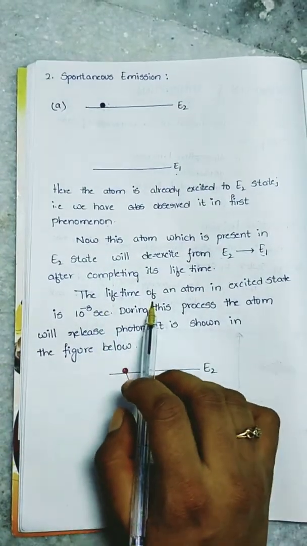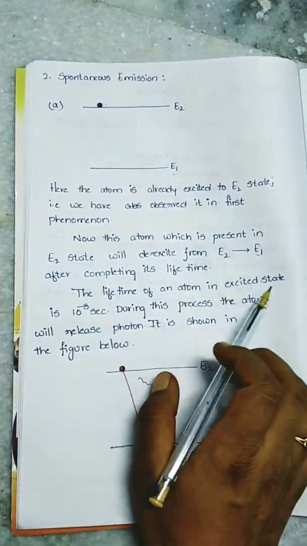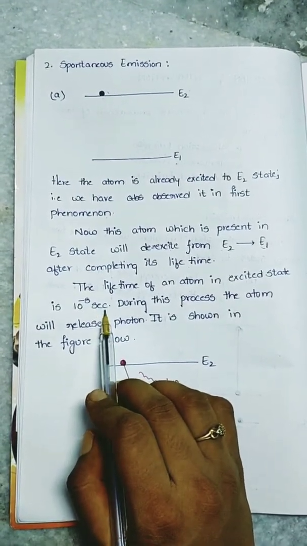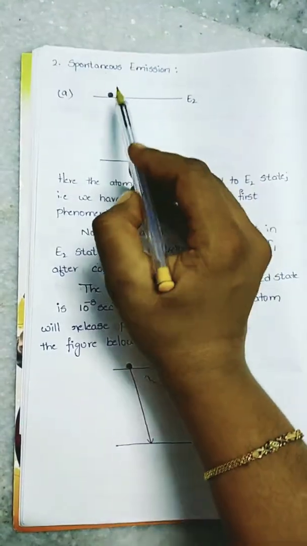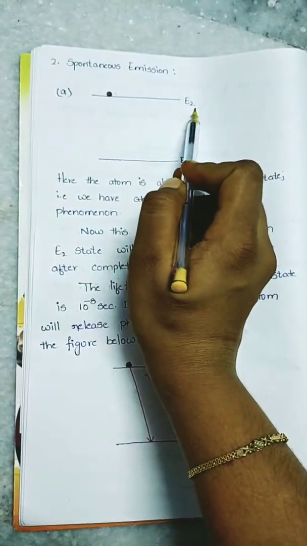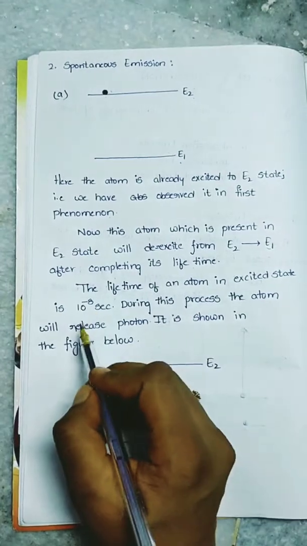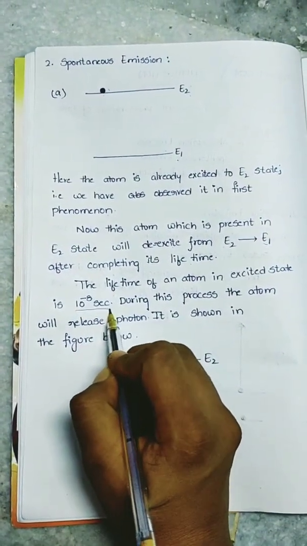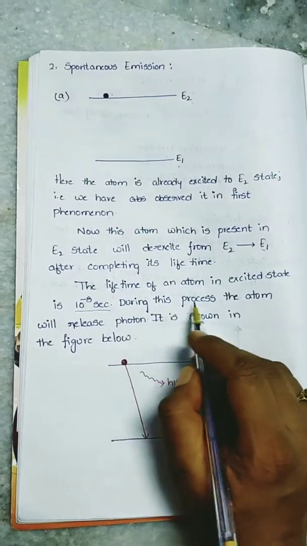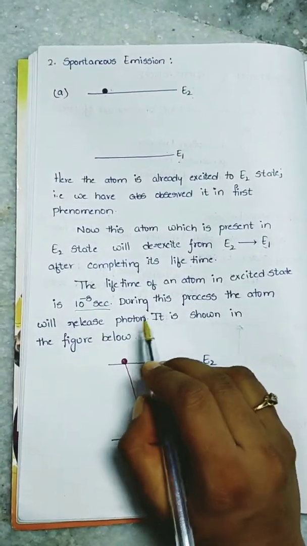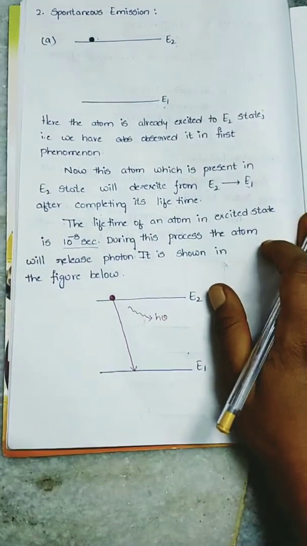And the lifetime of an atom in excited state is 10 to the power of minus 8 seconds. During this process, the atom will release a photon, which is shown in the figure.